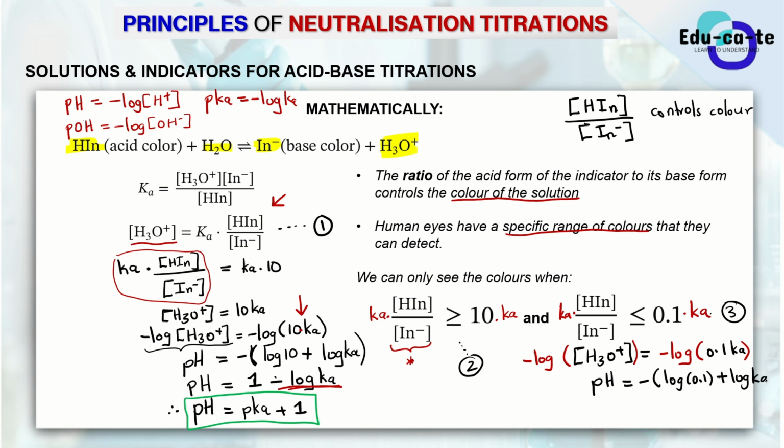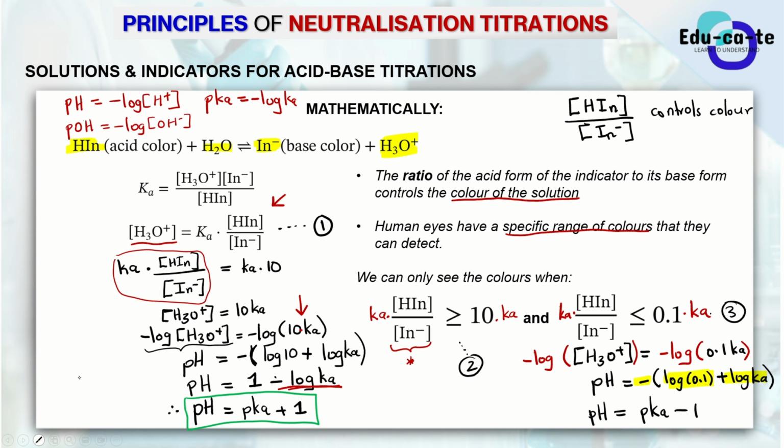The log of 0.1 will give you negative 1. You multiply this with the negative sign outside the bracket, and you get positive 1. Then the log of Ka, when you multiply with the negative sign, gives you the negative log of Ka, which will still give you pKa as in the previous expression. So our pH is going to give us pKa minus 1.